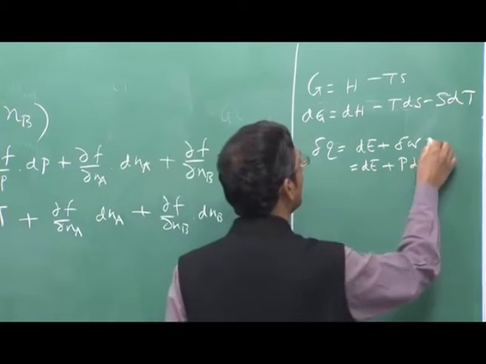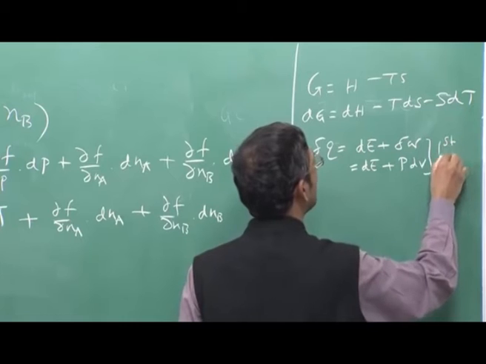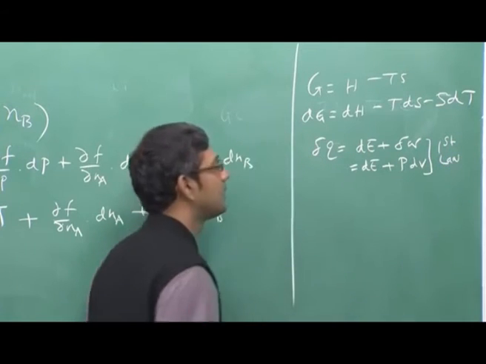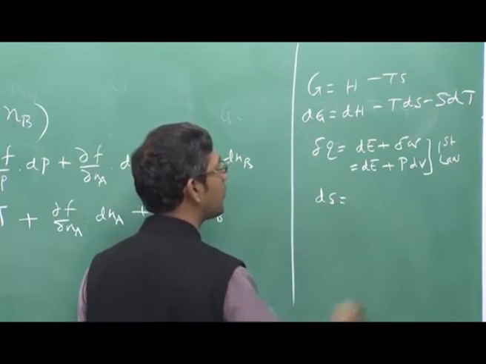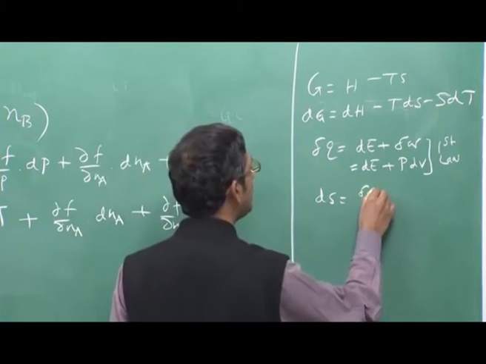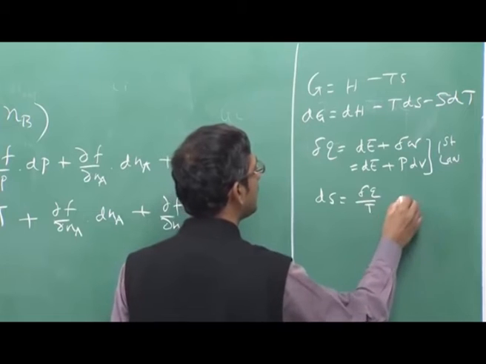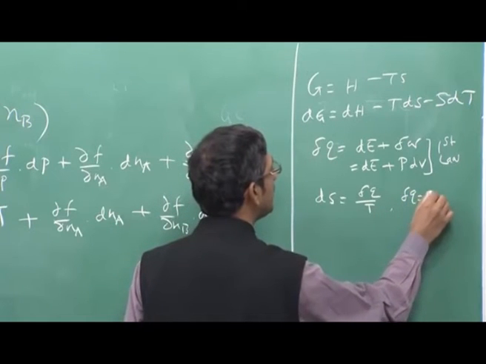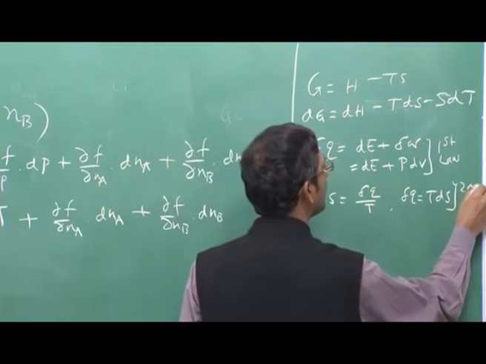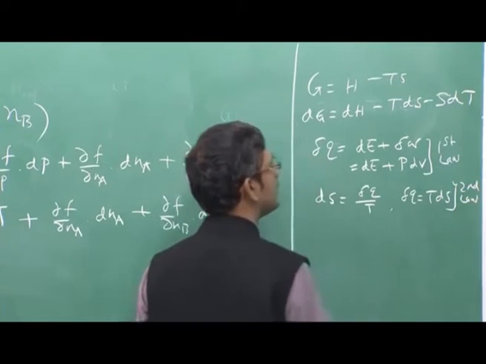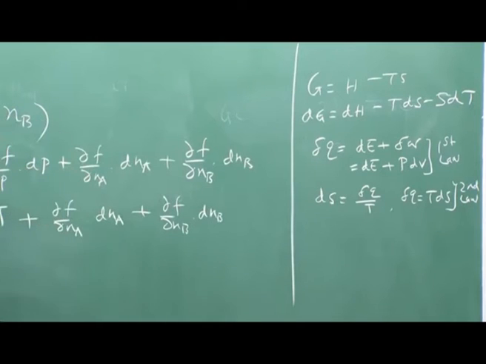This is from the first law of thermodynamics. And what do I know from the second law of thermodynamics? The second law tells me the definition of entropy, that dS is equal to dQ by T. Therefore del Q is nothing but T dS, and this is the second law of thermodynamics.